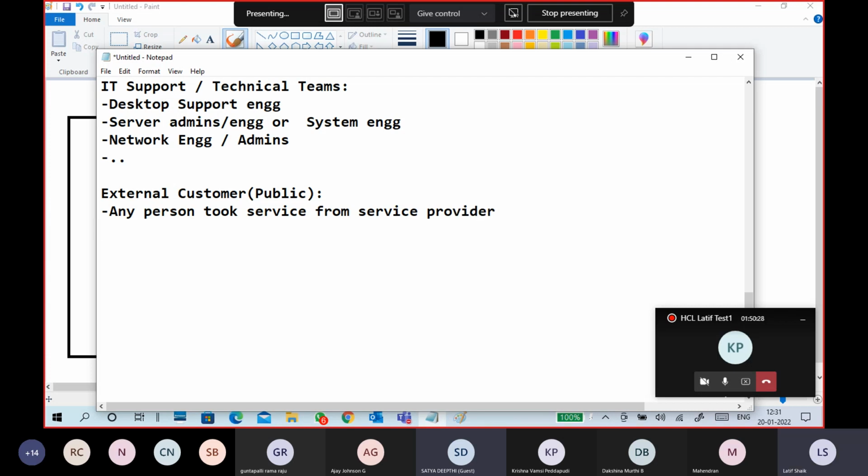I already gave certain examples of service providers, like web access, email access. So any person who took a service is a public customer.